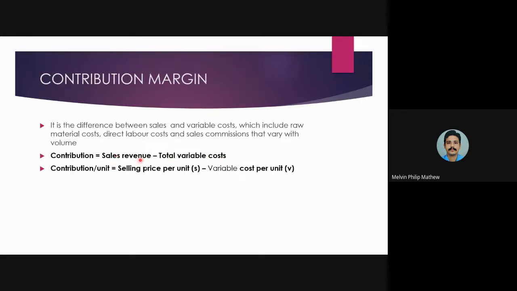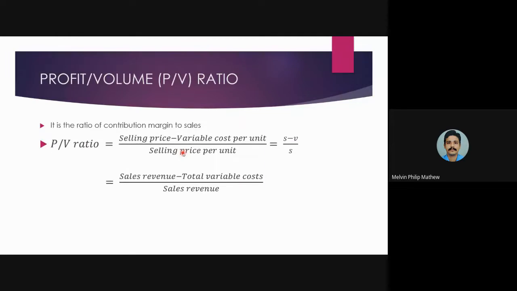These two are different. This is sales revenue, while this is the selling price per unit. This is total variable cost, while this is the variable cost per unit of the product. For one product, how much is the variable cost? That is what is meant by this. Variable cost per unit, while this is the total variable cost and this is the total sales revenue. That is our profit.